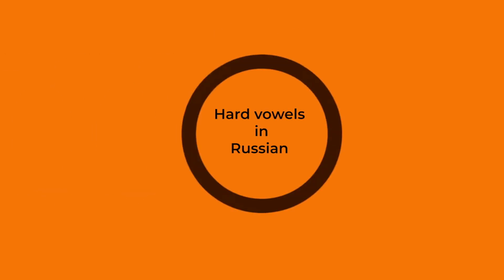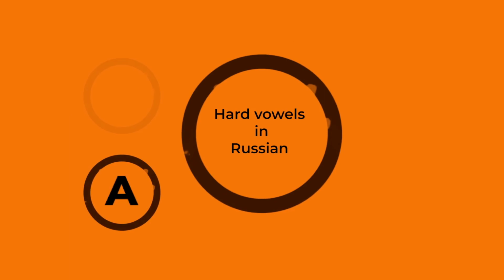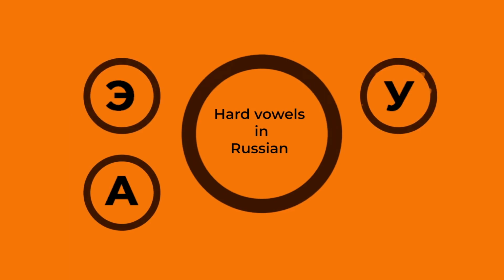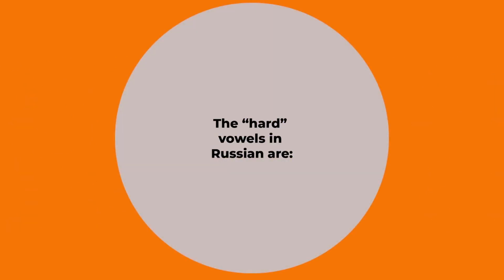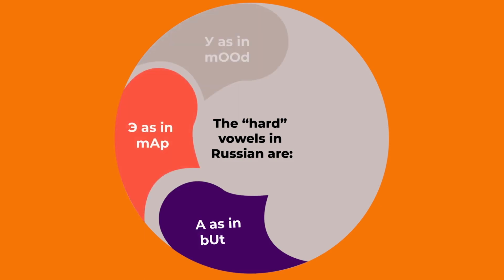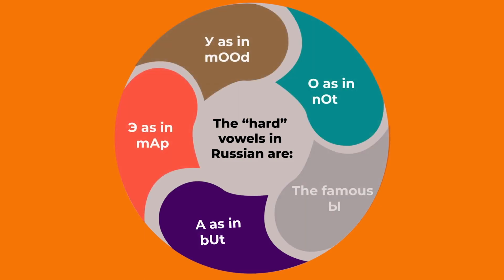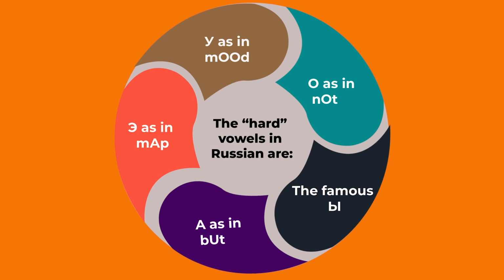If you look at this concept, the hard vowels in Russian have certain examples: A, E, U and O. We are trying to make it clearer for you with the help of certain English words, so that you can understand the peculiar sound of these letters.